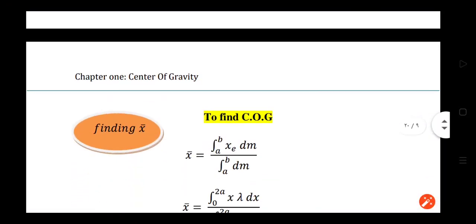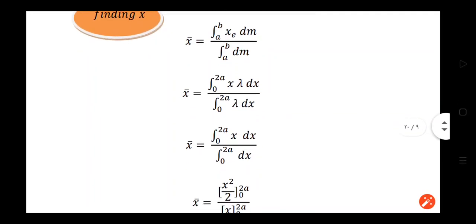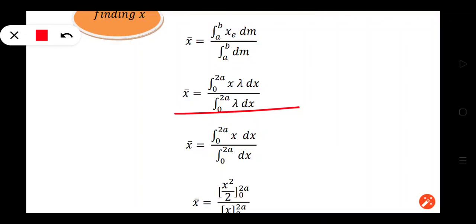To find the center of gravity, COG, finding x bar: firstly, we write the rule of x bar, where xe equals x, dm equals lambda dx.